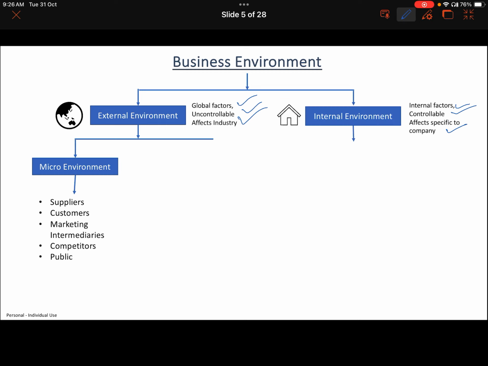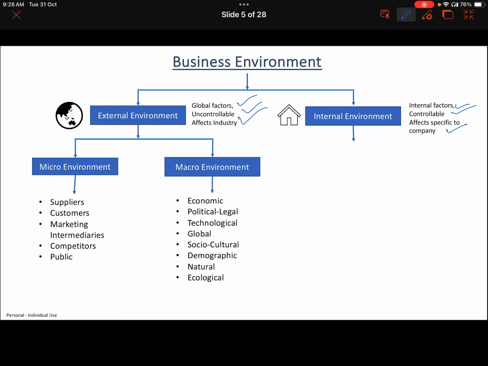Then under external environment, we have two types. One is micro environment, and the second one is macro environment. Micro environment is what is happening surrounding the company. If your company is car manufacturing, your supplier, your customer, your transportation agent, and competitors are one level higher.